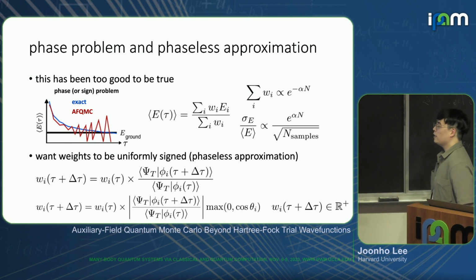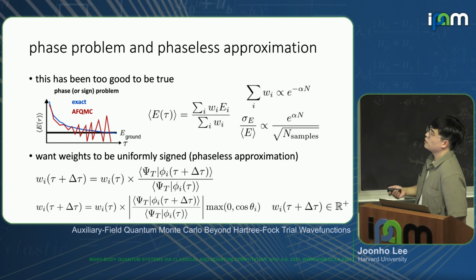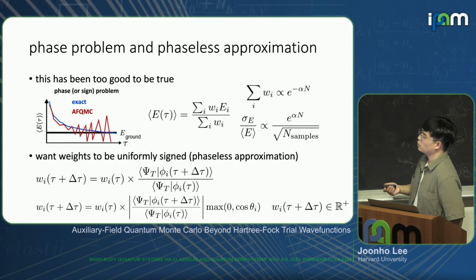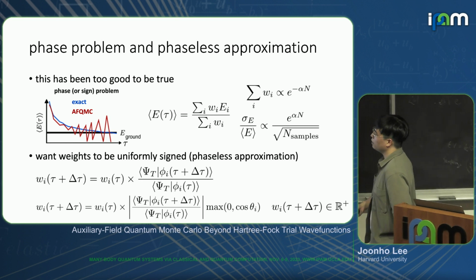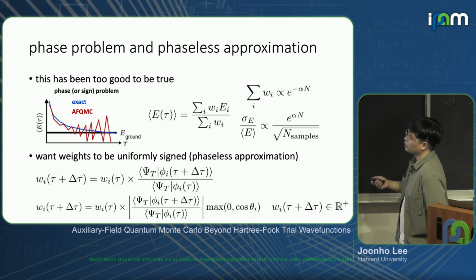So what we do in the phaseless approximation is take just the absolute value of this importance function, and we also add the maximum between 0 and cosine theta I, where theta I is the argument of this overlap ratio. So from tau to the next time step, I compute this overlap ratio with an a priori chosen wave function, throw away the complex phase part, and take just the absolute value.